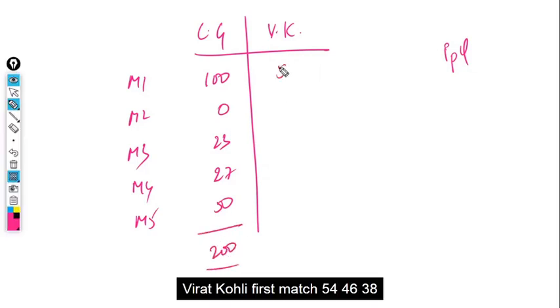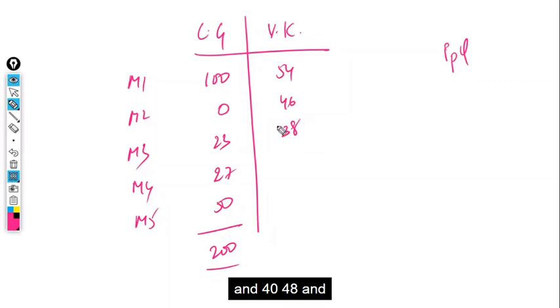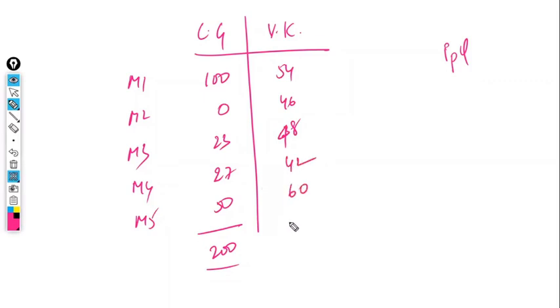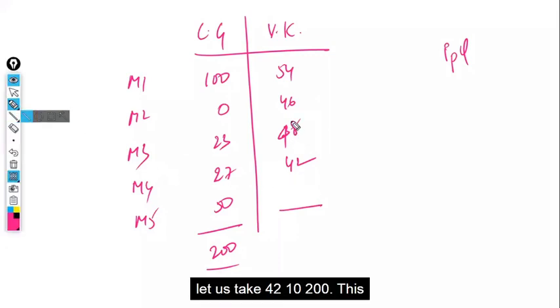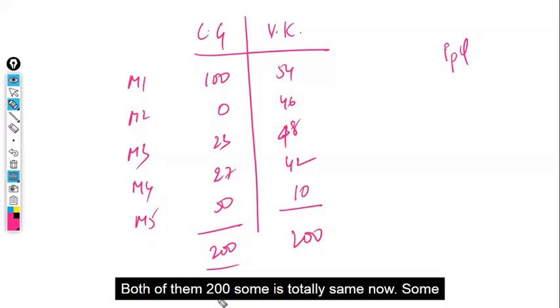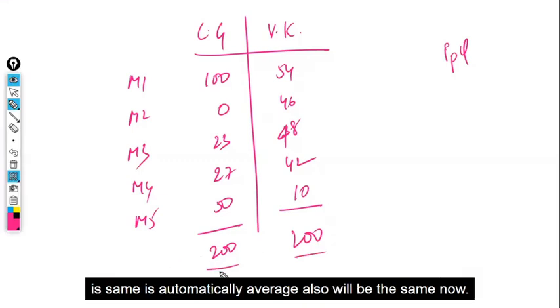Virat Kohli, first match 54, then 46, 38, 48, 42, and 60. Let us take the total as 200. This is also 200. Both of them 200. The sum is totally the same, so automatically the average will also be the same.